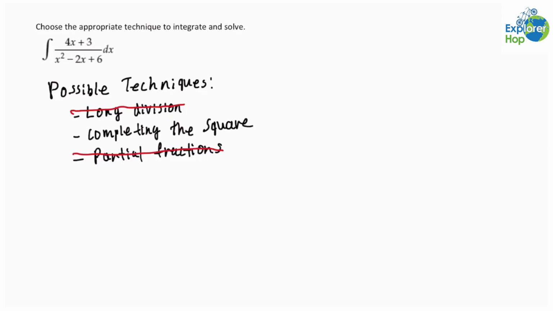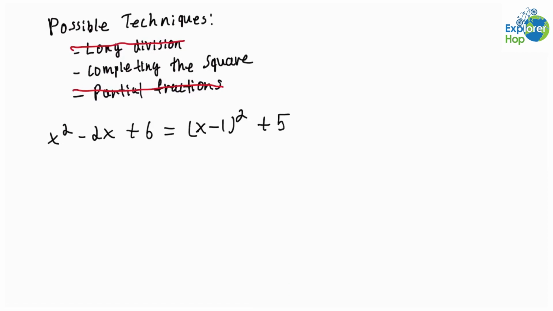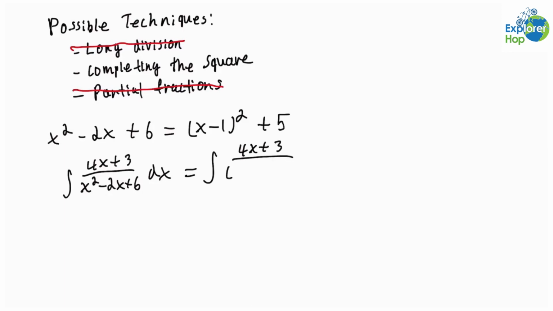If we complete the square in the denominator, we get that x squared minus 2x plus 6 is equal to x minus 1 squared plus 5, which means that the integral of 4x plus 3 over x squared minus 2x plus 6 is equal to the integral of 4x plus 3 over x minus 1 squared plus 5.